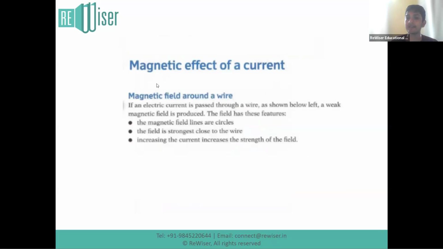Before we understand the magnetic effect of current, a brief revision again of three concepts: current, voltage, resistance. Current is denoted by the symbol I. Its unit is ampere, denoted by the symbol A. Current is a formula, I is equal to Q by T. This is because current is defined as the rate of flow of charges at a given point.